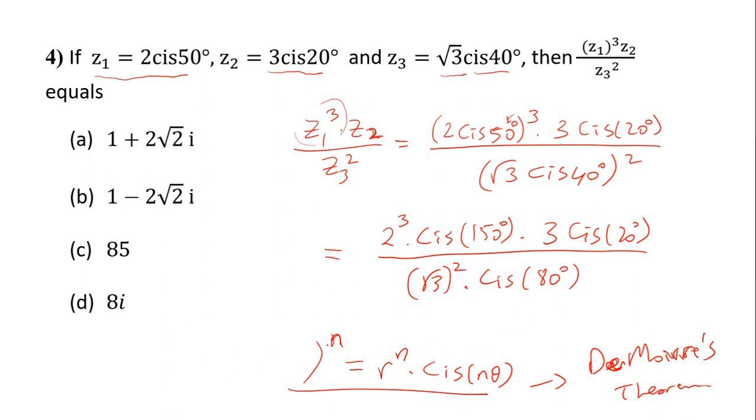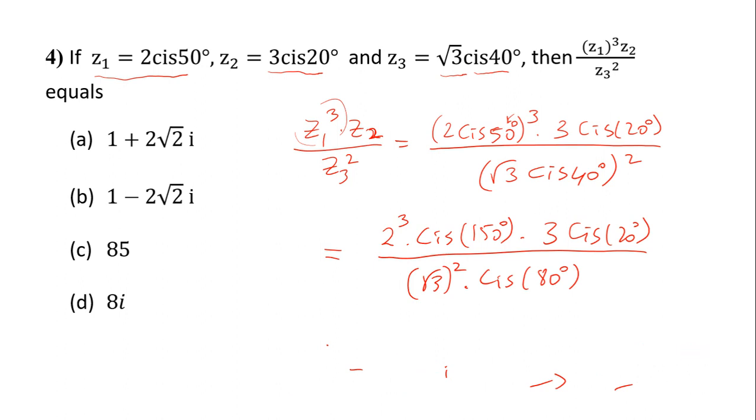Now after this, we have another property we can use here. The other property is this: when you multiply two complex numbers in polar form, you can directly say this is R1 times R2 CIS theta 1 plus theta 2.